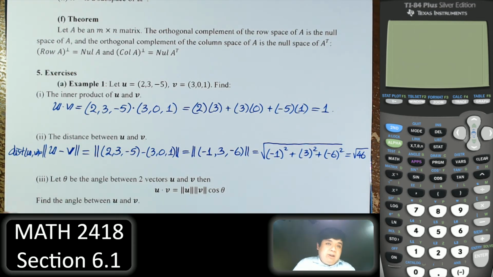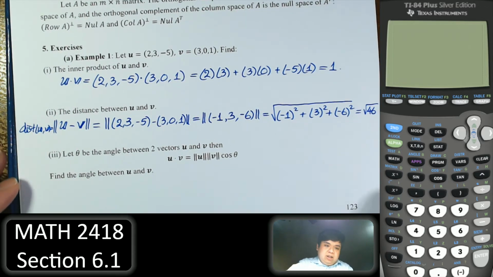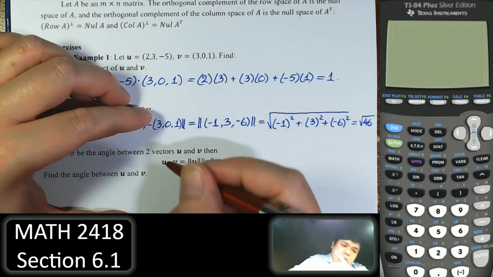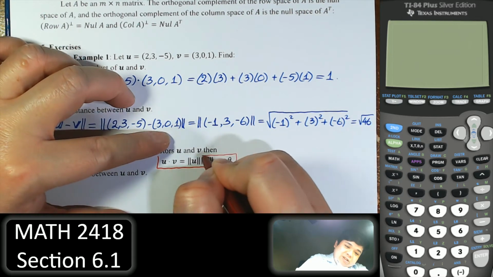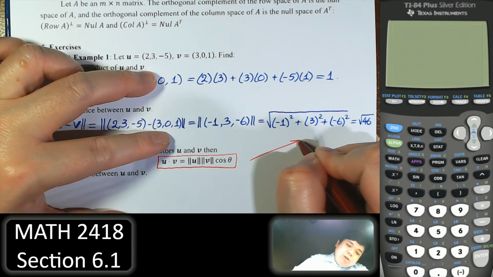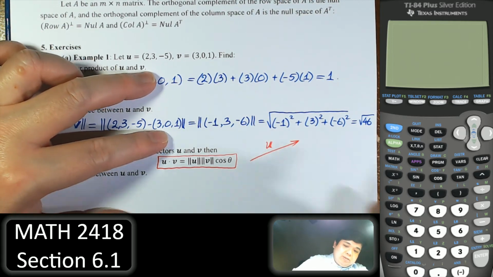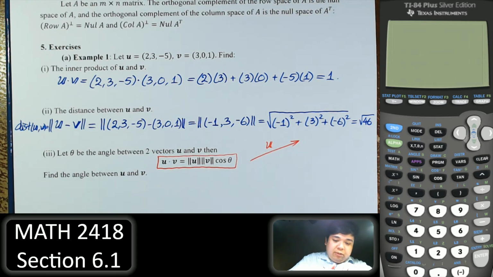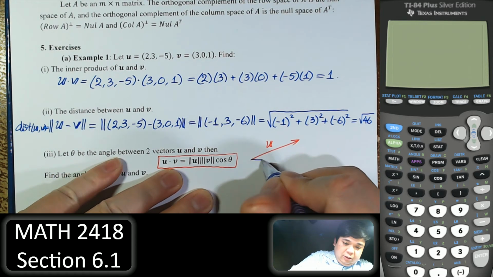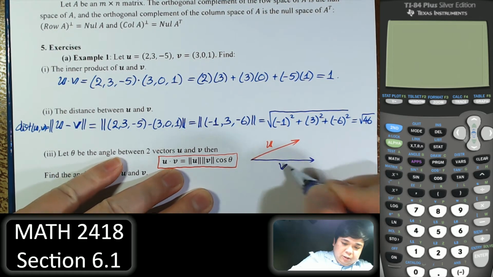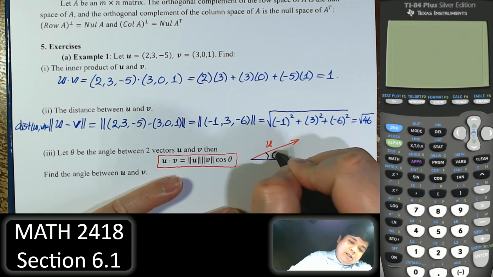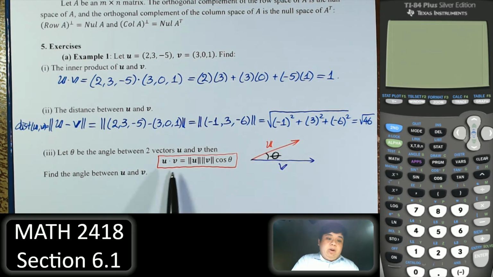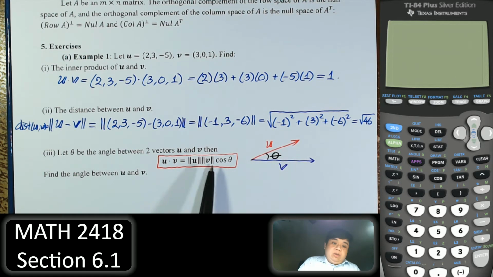Now the angle between two vectors is defined by this. Of course, we already know this from pre-calc. If we have two vectors, and we define the angle between them, theta, then the dot product is equal to the product of the magnitudes times the cosine of the angle between them.